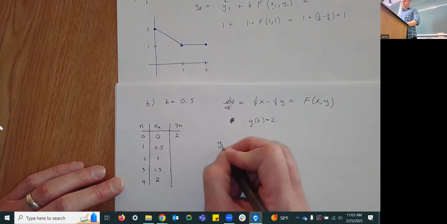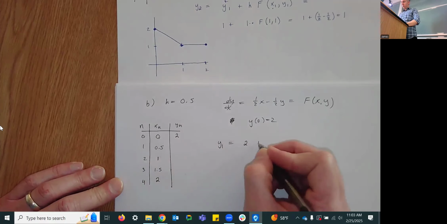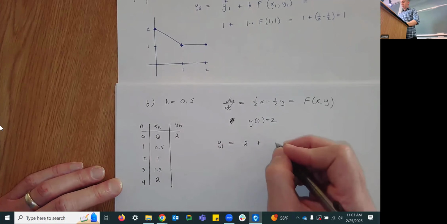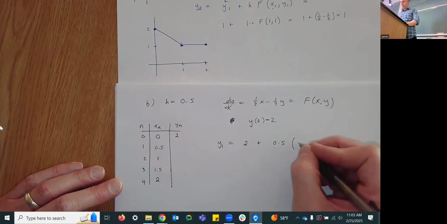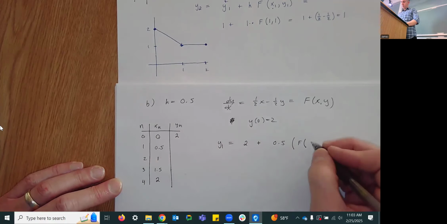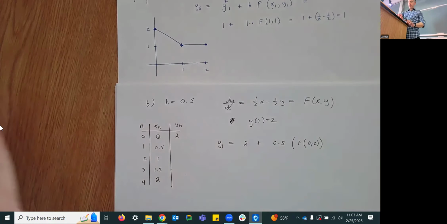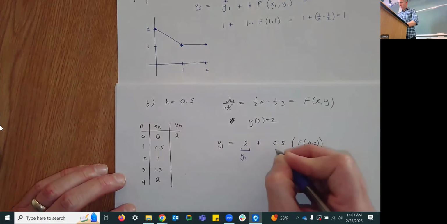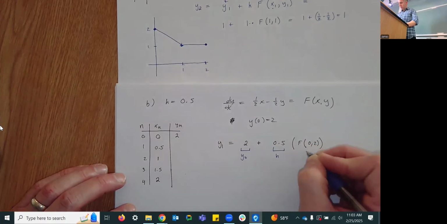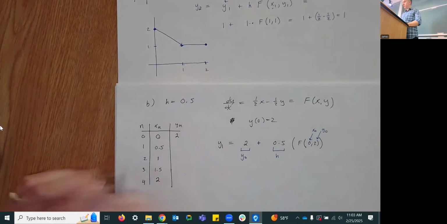So y sub 1 is going to be y sub 0, which is 2, plus our h value, which is 0.5, times our slope, which is going to be f of 0, comma 2. And again, I'll point out, that's my y sub 0, that's my h, that is my x sub 0, y sub 0.